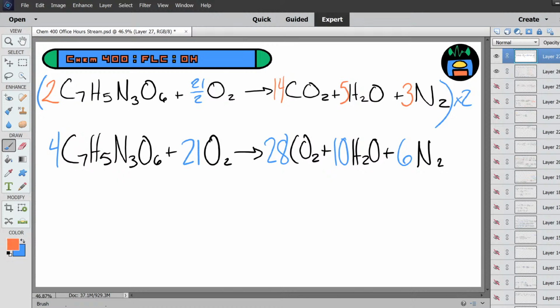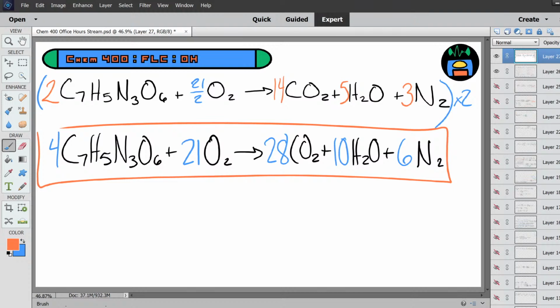So this is the balanced chemical equation for the combustion of trinitrotoluene, or TNT.